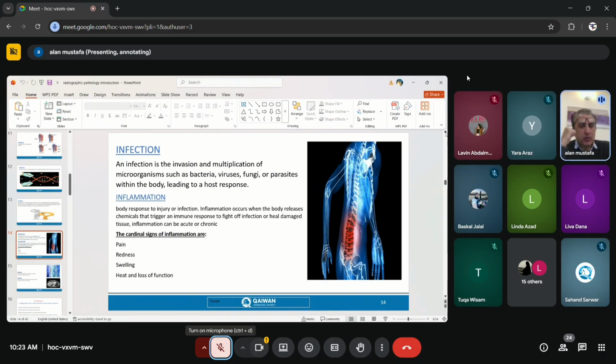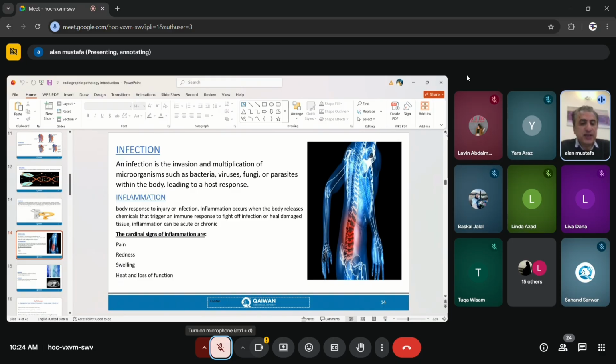Just remember, when someone hits you on the face very hard and you get hit here on this eye, you feel pain afterward, and then the area becomes red and then you cannot open your eye because of swelling, and then you feel more heat in this area compared to this area, and then you cannot open your eye, loss of function.